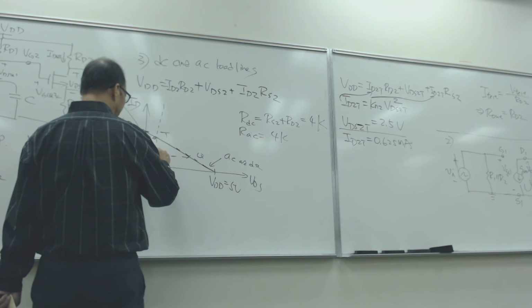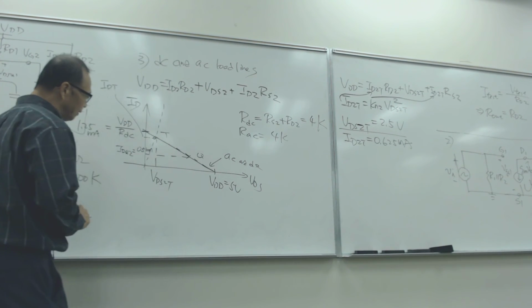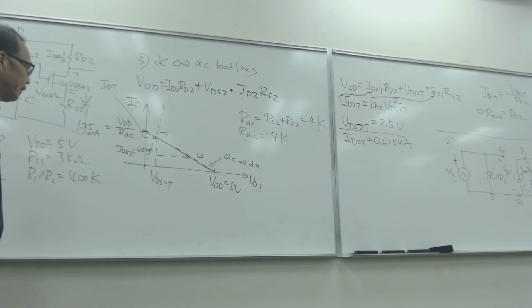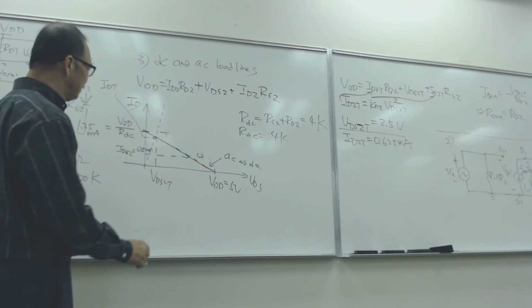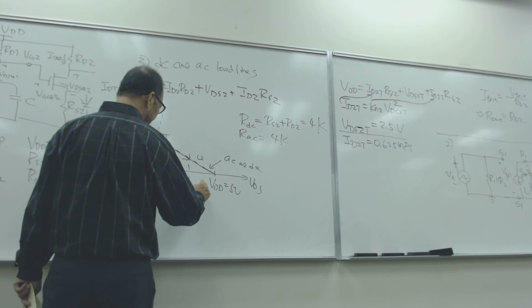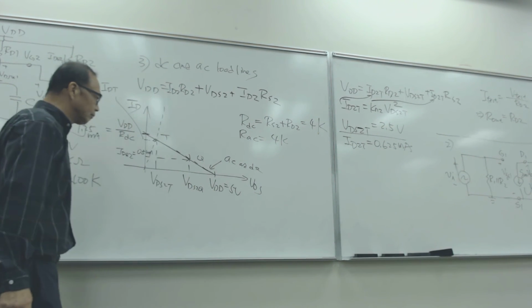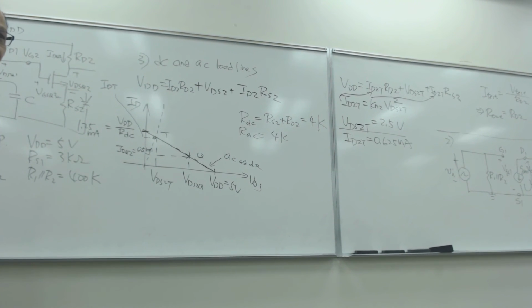Because this is your VDS2T, right? So you should know that this value should be less than this guy, correct? Yeah. It should be larger than 0, but less than that.